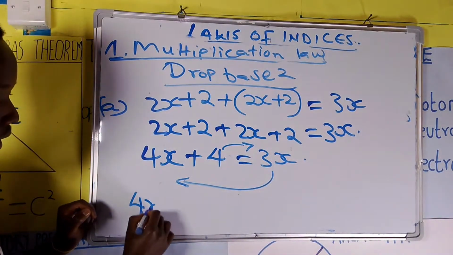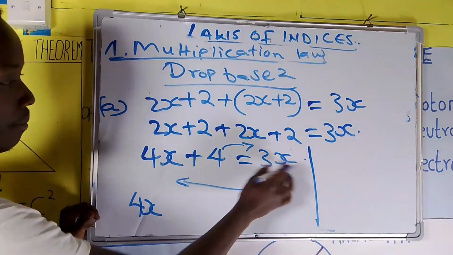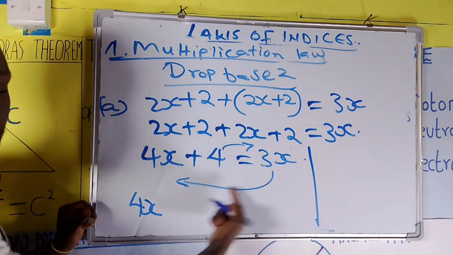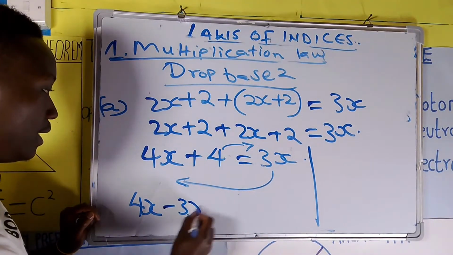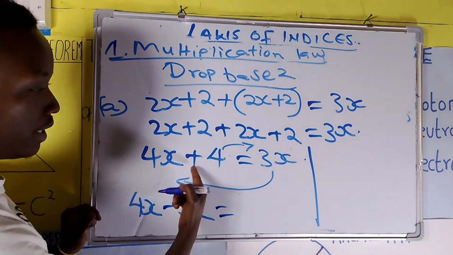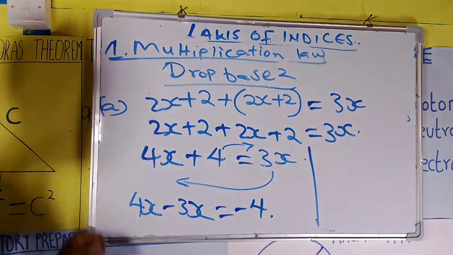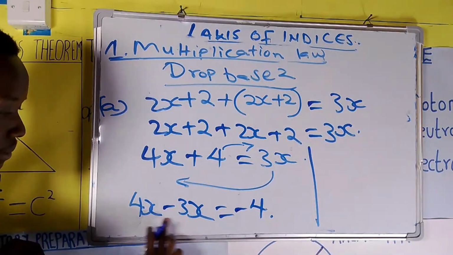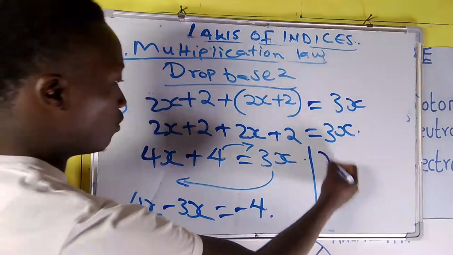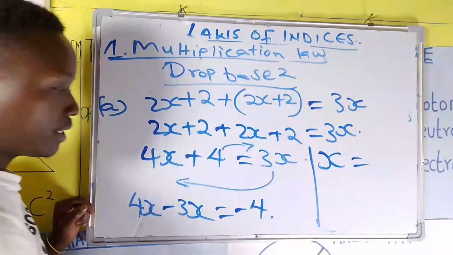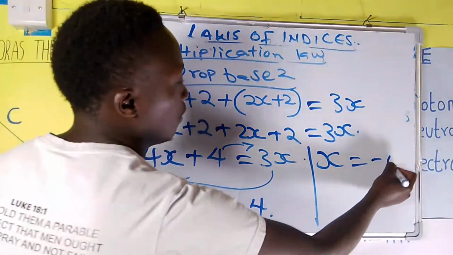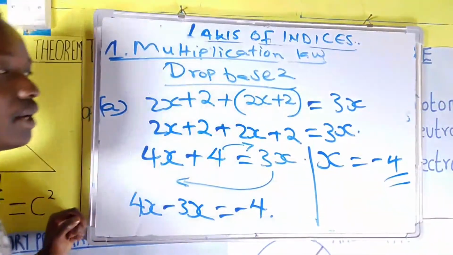So we will have 4x minus, this one is plus, so when it comes to this side it will be minus 3x is equal to, this is positive 4, once it goes to the other side of the equal sign it will be negative. So 4x minus 3x is equal to x, and our x will be equivalent to negative 4.